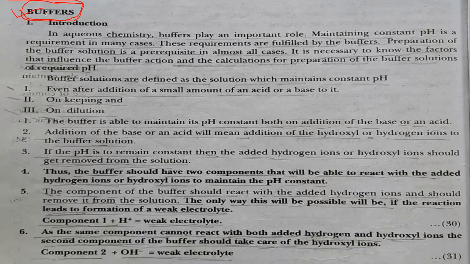Okay, so how does that happen? What factors are responsible? And where is it used? It is very important. In aqueous chemistry, it plays a very important role. Maintaining constant pH is a requirement in many cases, and these requirements are easily fulfilled by buffer solutions.